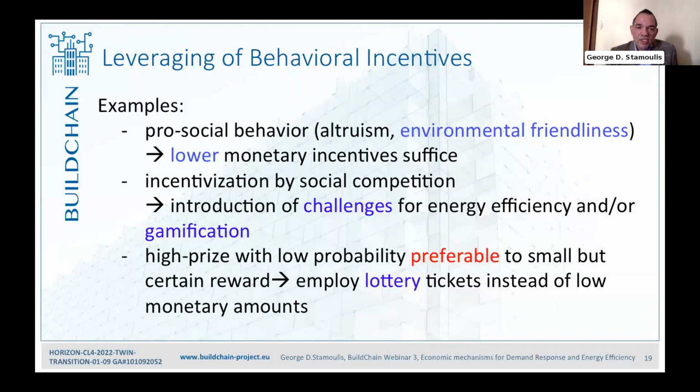Another way is to incentivize users by social competition. For example, introduce challenges for energy efficiency and announce users that are doing better than others, or gamification. And I will show you an example in a minute. Another premise of behavioral economics is that users prefer to have a possibility of winning, let's say, 100 euros rather than being awarded for sure 1 euro.